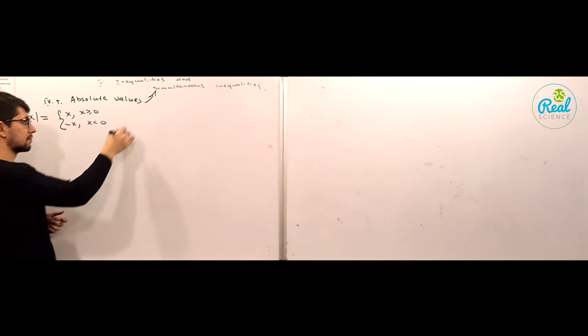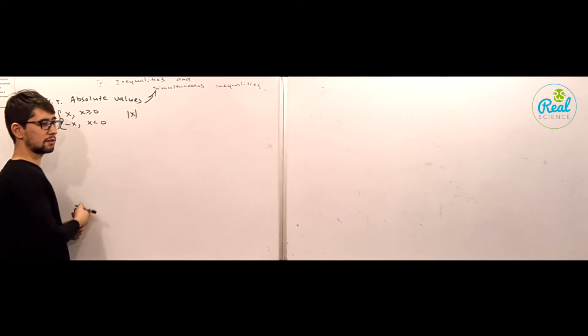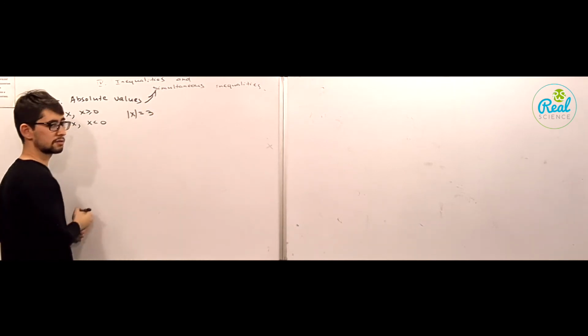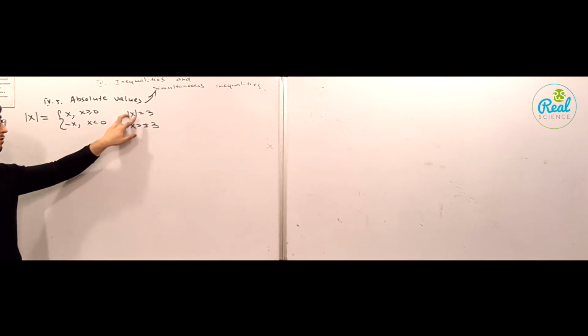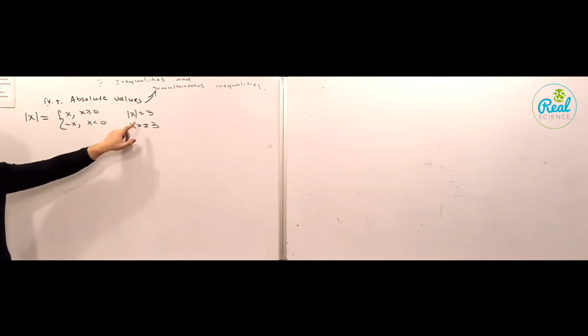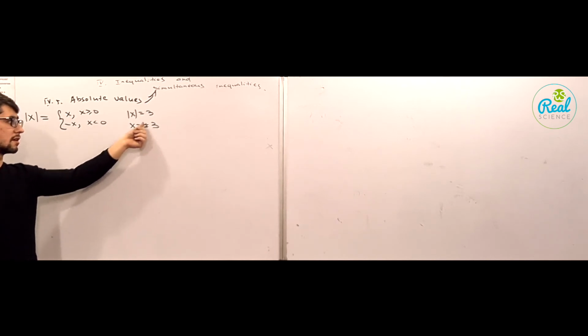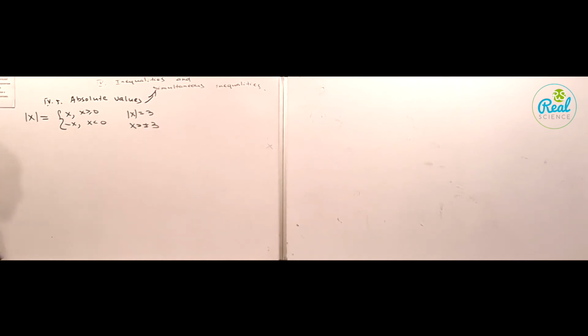What does it mean? If the absolute value of x equals 3, then your x might be plus or minus 3. The modulus of 3 is 3, the modulus of minus 3 is also 3, right? So you have two solutions, plus minus 3.